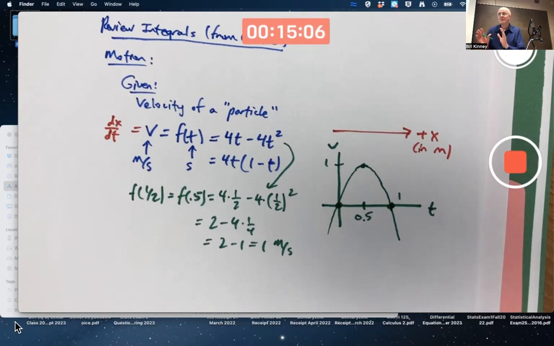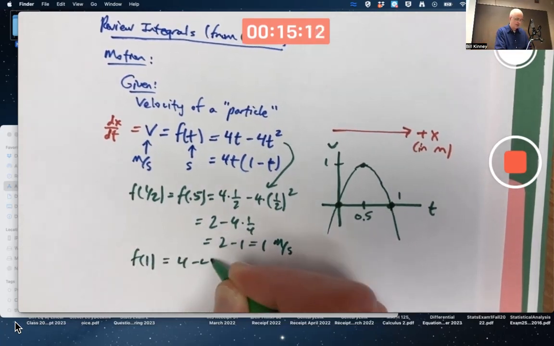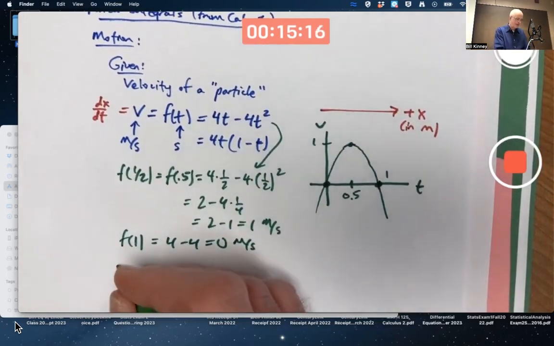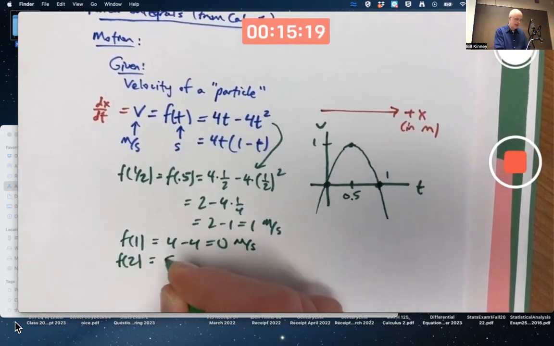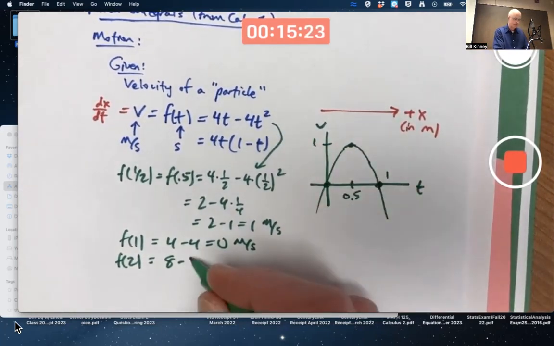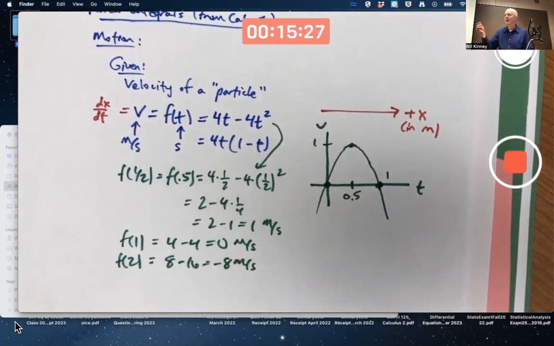Here we're kind of assuming you're comfortable with that. f of 1, for example, is 4 minus 4, which is 0 meters per second. f of 2, for example, is 8 minus 2 squared is 4 times 4 is 16. Negative 8 meters per second. At time 2, the particle is moving to the left at a speed of positive 8 meters per second.